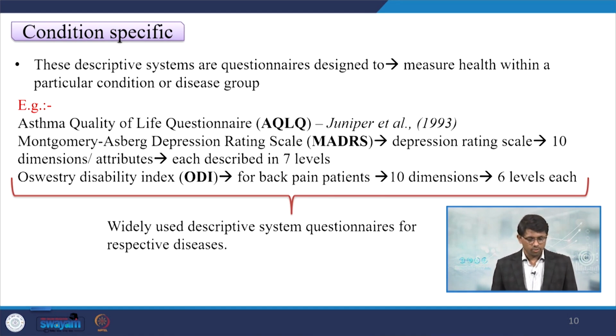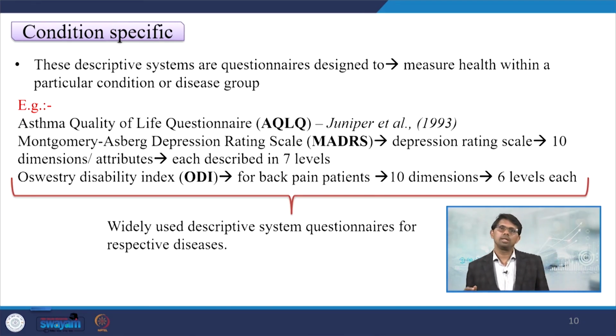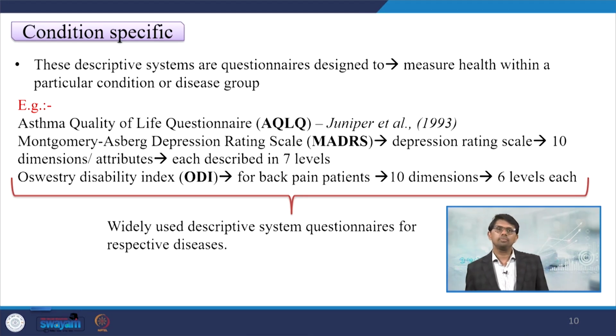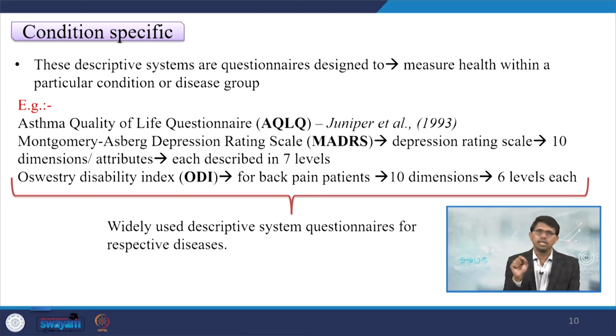Another one is the Montgomery-Åsberg Depression Rating Scale, MADRS, specifically a depression rating scale with usually 10 dimensional attributes, each described in 7 levels. We will discuss everything in a specific context while referring to QALY and DALY.